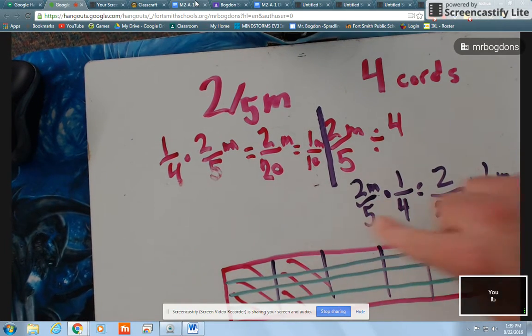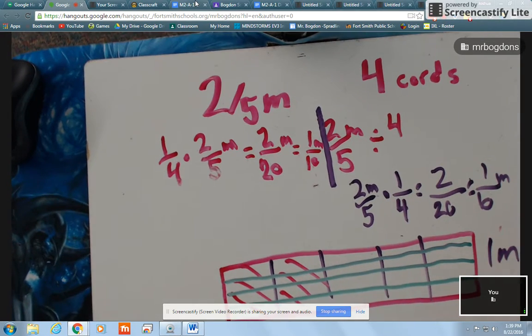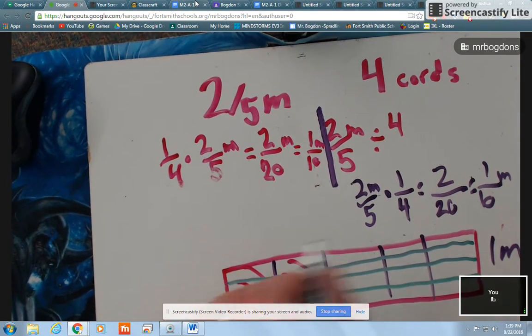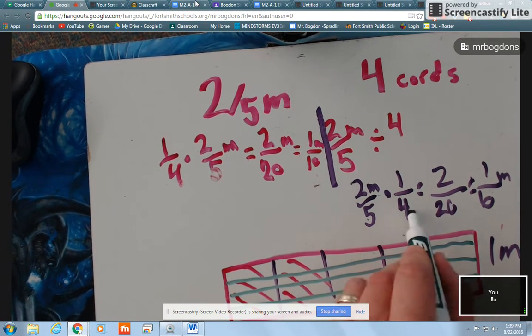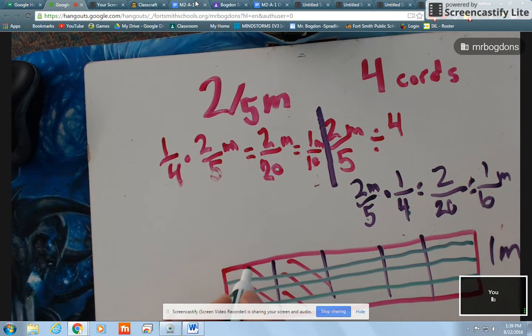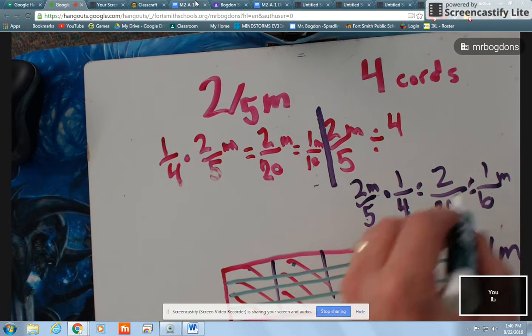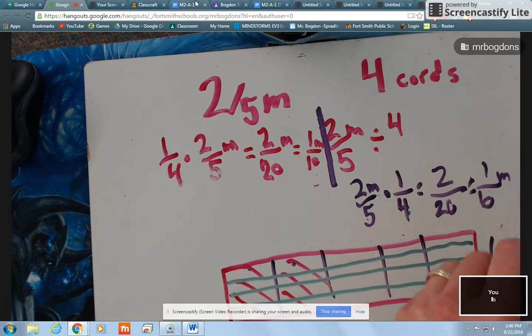Now, how many little tiny partitions do I have total? 20, because I've got a row of 4 times a row of 5. That means I have 20 total. 5 times 4 is 20. That's where that comes from. And then each piece of rope has 2/20ths. That was my answer, but we know that 2/20ths simplifies to 1/10 of a meter.